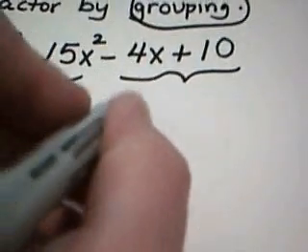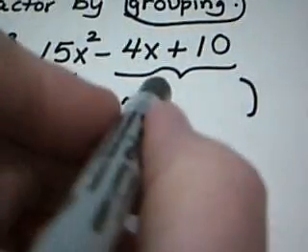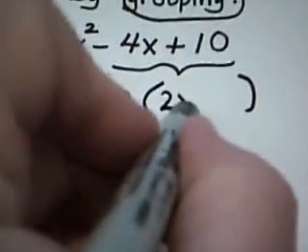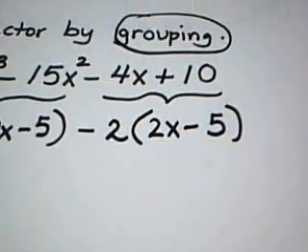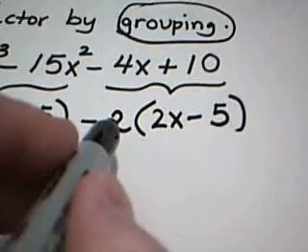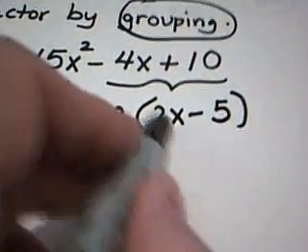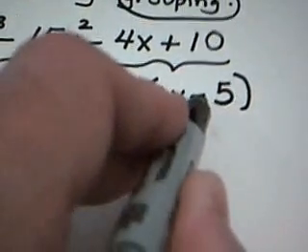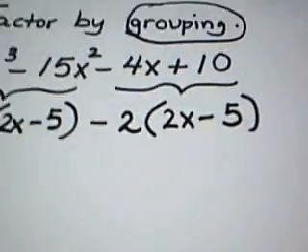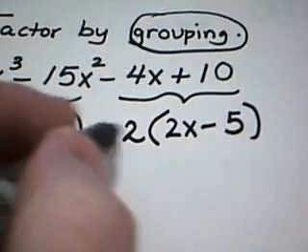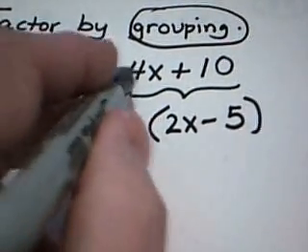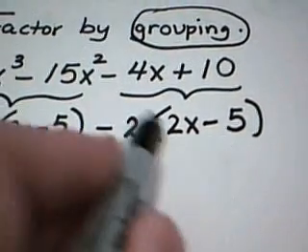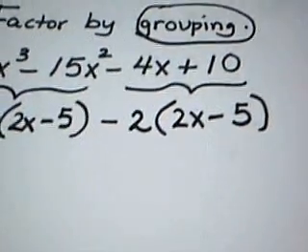So when I pull out a negative 2 in parens, I'm going to have 2x minus 5. Now, one of the things I want you to pay attention to, notice negative 2 times 2x gave me negative 4x. Negative 2 times negative 5 is the way I get a positive 10. So make sure that when you pull out that negative 2, you basically reverse both of these signs, not just the front sign but the back sign as well.